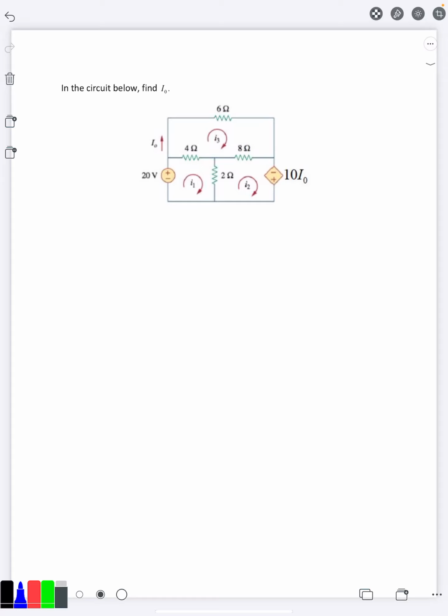KVL here. So as I travel around in the first loop, I see I'm entering the negative side of the voltage source, so negative 20 plus 4, and again it's the loop we're in minus the loop we're not in, so I1 minus I3, and then I get to 2, and loop we're in minus loop we're not in equals 0.